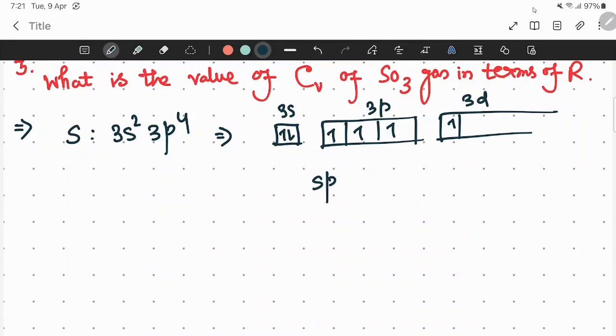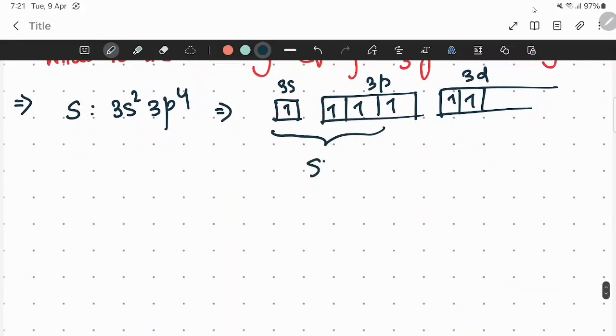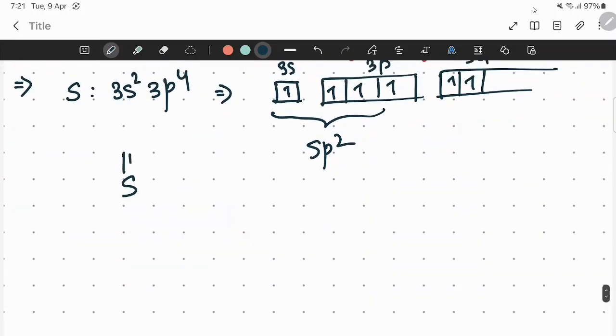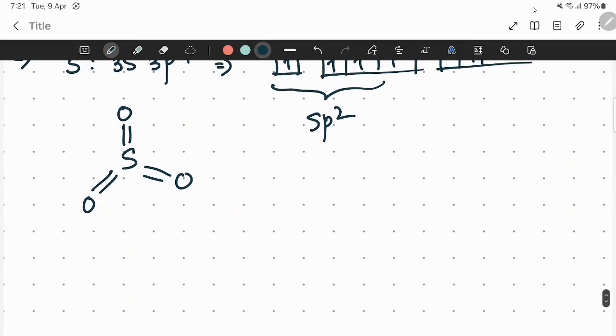So SO3, right? So sp2 means these oxygens are there. So eventually this will be the structure. Okay, so this is SO3, sp2 hybridized. That means a planar structure.